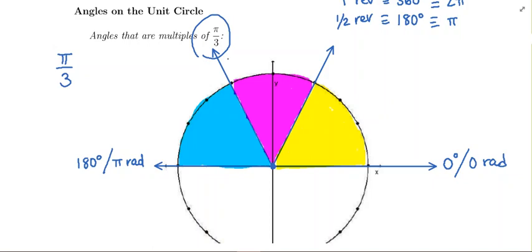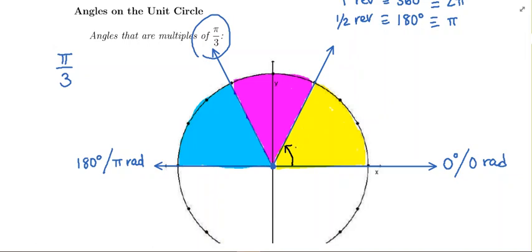So what we're doing here is measuring angles. Let's look at our first angle. Each angle is going to be in standard position. So for our first angle, the origin will be at the vertex. The initial side will lie along the positive x-axis, and then we're going to rotate counterclockwise pi over 3 radians.